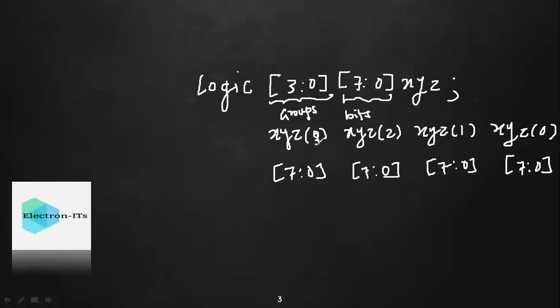Now we'll see about unpacked array. In the case of an unpacked array, it is the reverse of a packed array. In an unpacked array, we declare the dimensions of the array after the array object name.